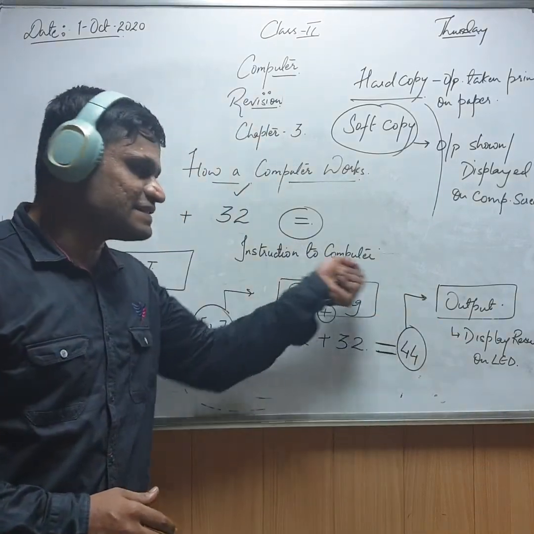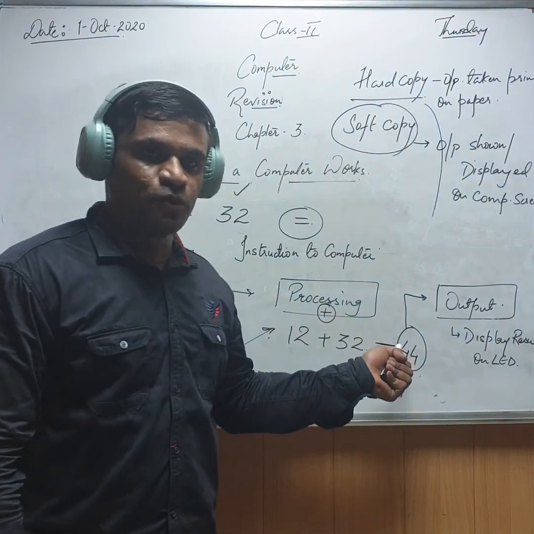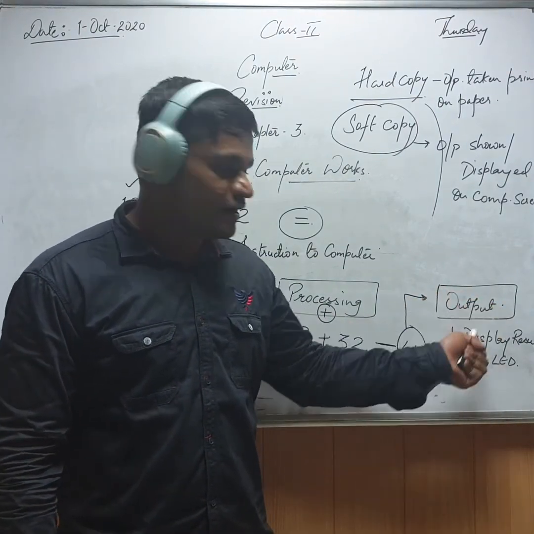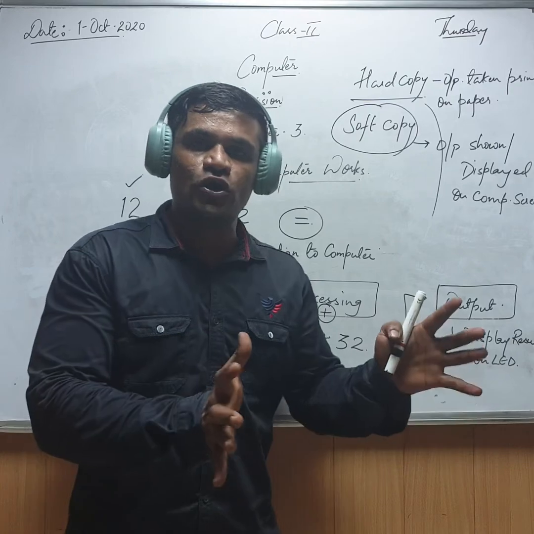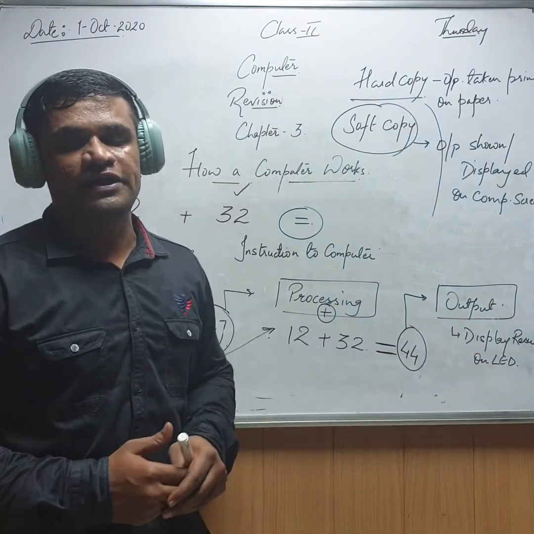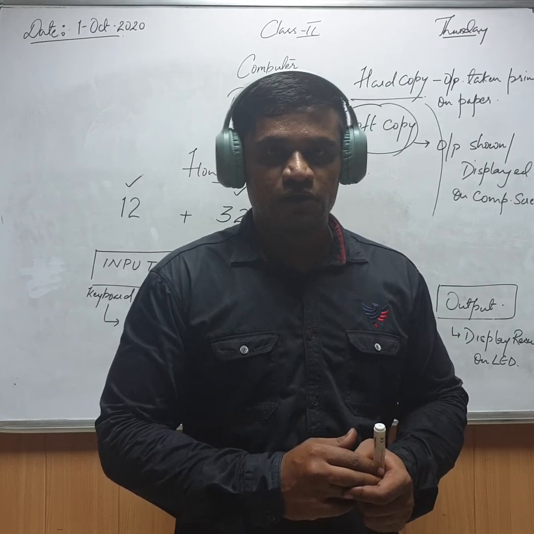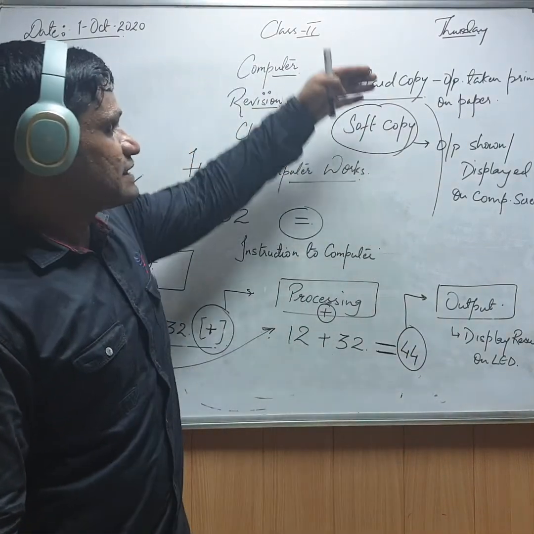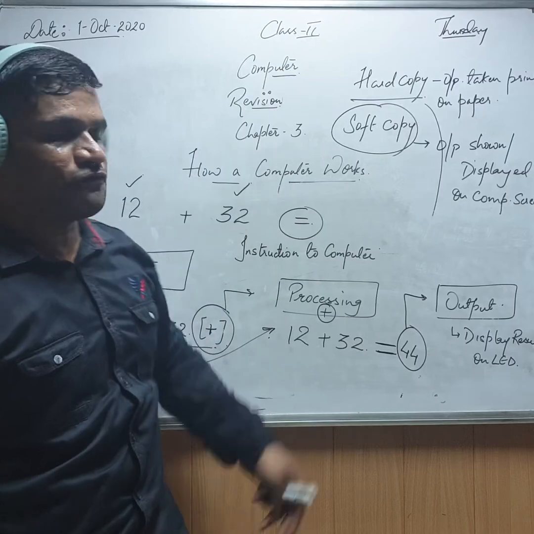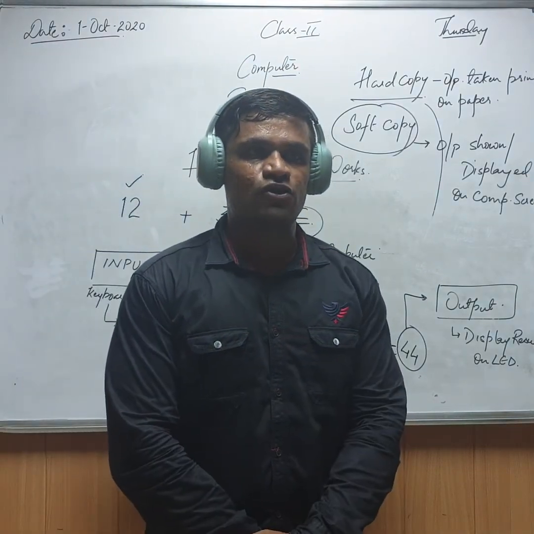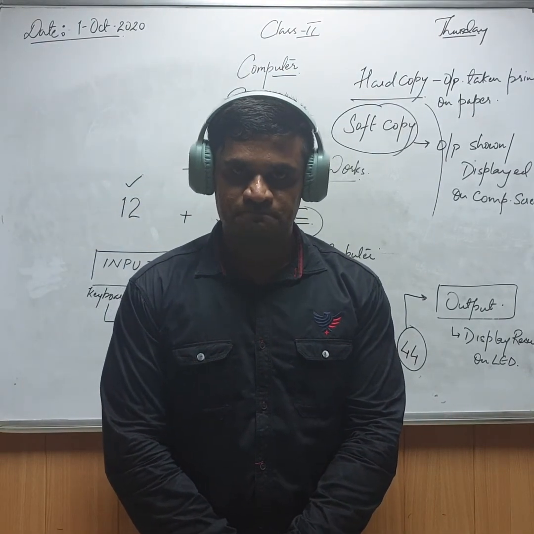Once the processing is done, whatever is the output will be sent to the output segment, which is either displayed on your LED screen, or you can take a print of it by using the printer. In the same manner, we have discussed hard copy and soft copy. What is the difference between hard copy and soft copy?